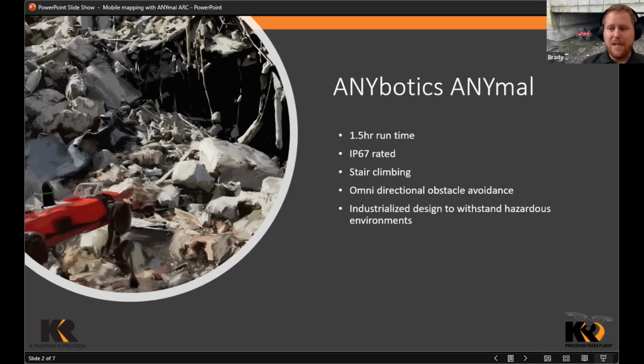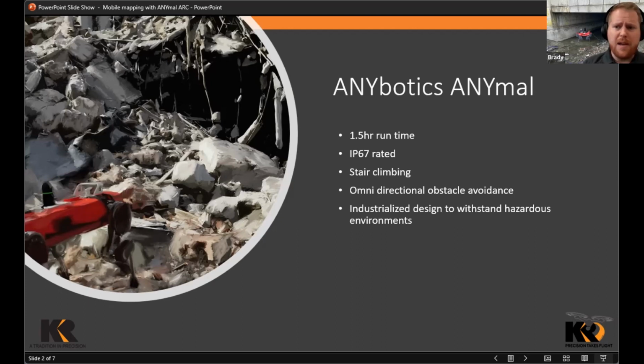The ANYmal is an excellent tool to get a sensor to a specific location. It is also outfitted with omnidirectional optical avoidance using depth sensors on all sides. It just looks and sees if it's something it's able to crawl up and over. It doesn't understand objects. It just understands that there's a surface it can try to move around.